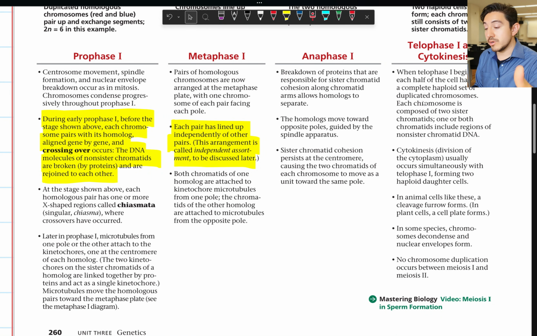These will then further undergo another cell division, which is meiosis 2. Now, visually, it looks like mitosis because now you just have the sister chromatids. In prophase 2, you have the disappearance of the nuclear envelope, the formation of the mitotic spindle, and so forth. But here, now, you have an alignment at the center.